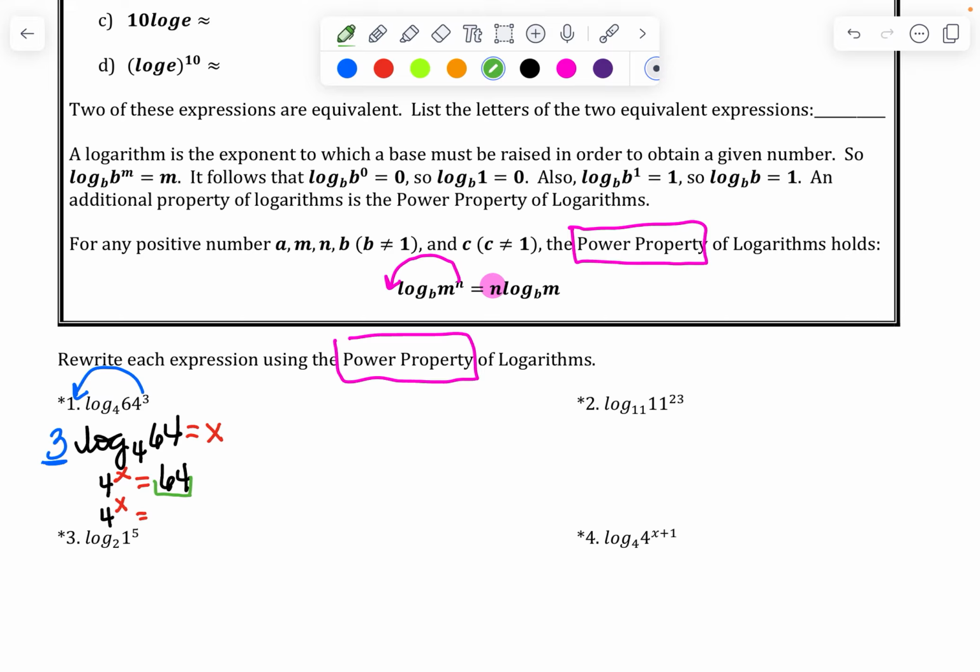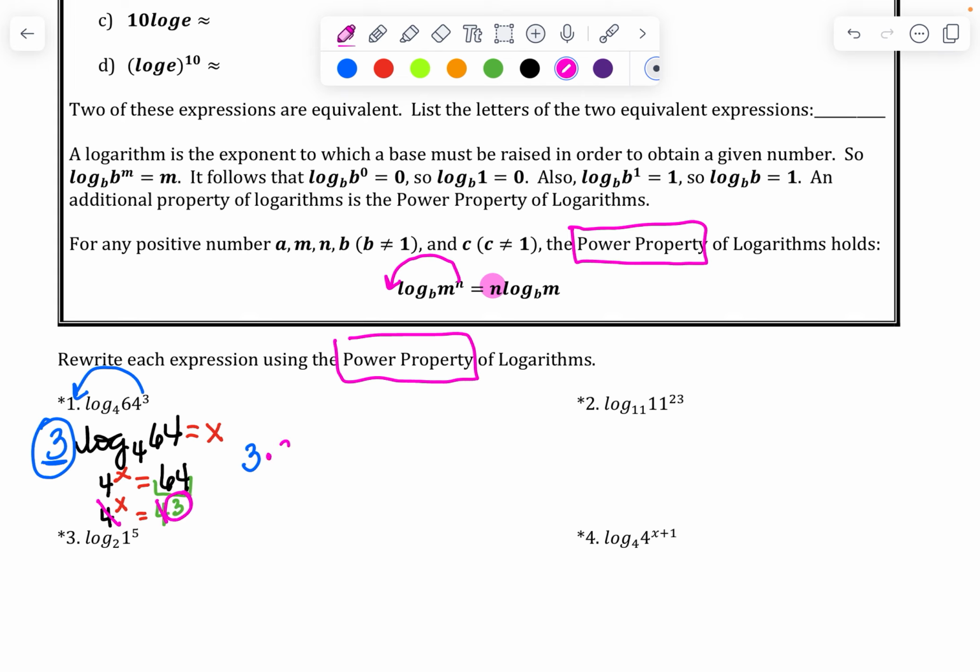So going back to this problem, when these two things are the same, all of this right here becomes 1. So now I have 23 times 1 gives me my answer of 23.